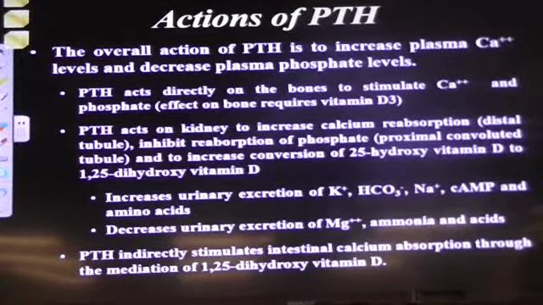Okay? Now, it decreases urinary excretion of magnesium. Can hypermagnesemia give you problems? Yeah, it can. It can mess up cell membranes and all this type of thing. Hypomagnesemia can also. And what's hypomagnesemia called in cattle?